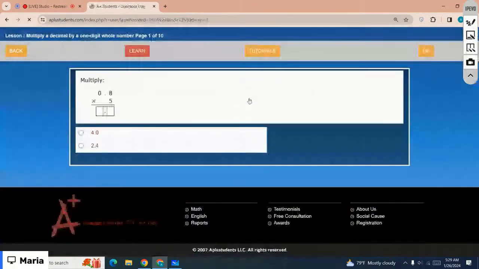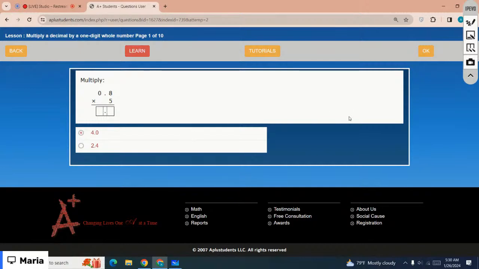Okay, the next one is 5 times 0.8, which is the correct option? The correct option is 0.8 times 5 equals 4.